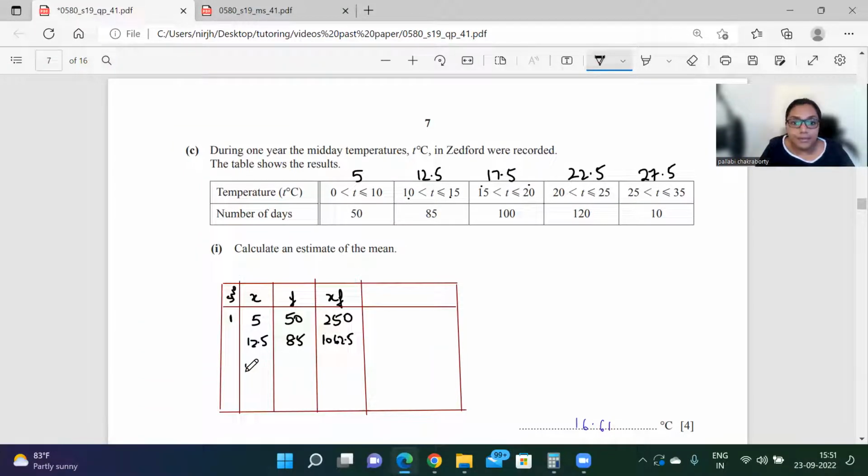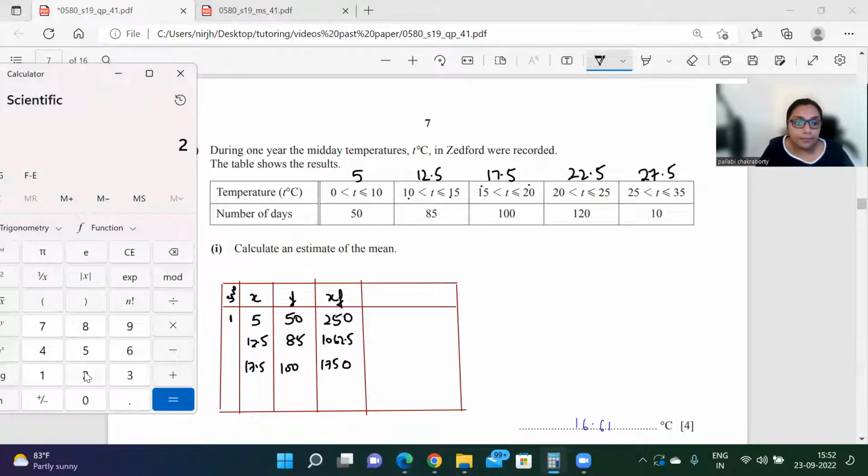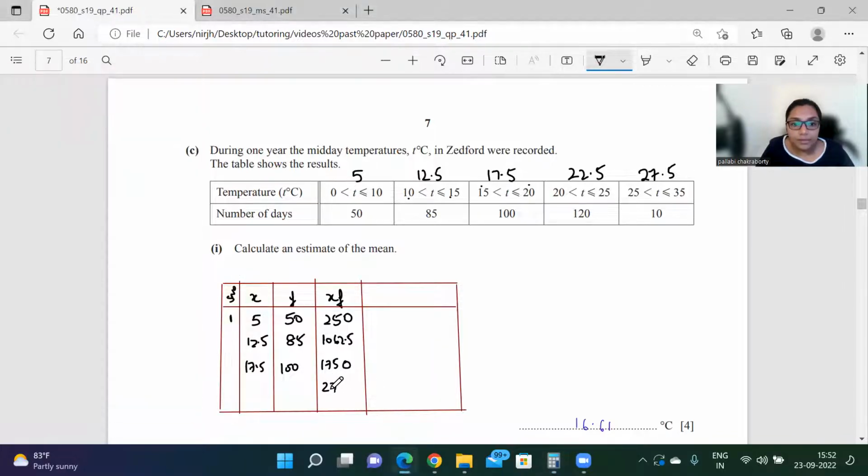Then we have 17.5, and that is multiplied by 100. So you get 1750 because there's a point there. Then you have 22.5 multiplied by 120, and you will get 2700 for 22.5 and 120.